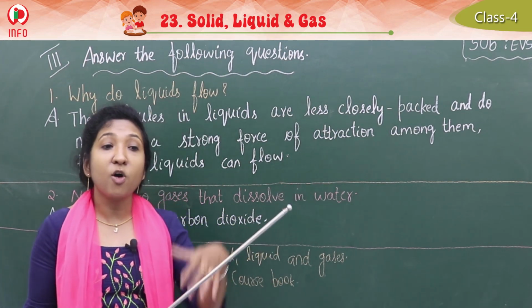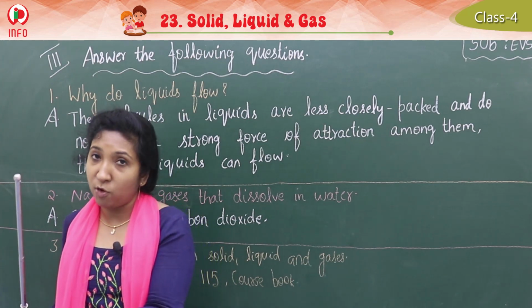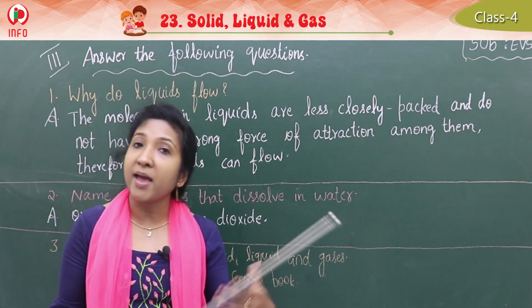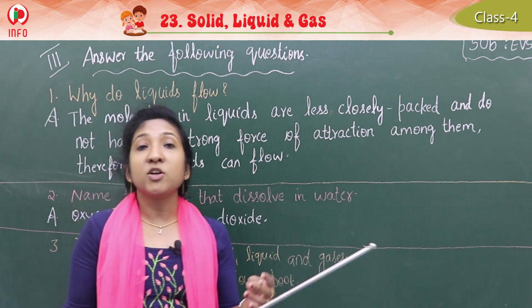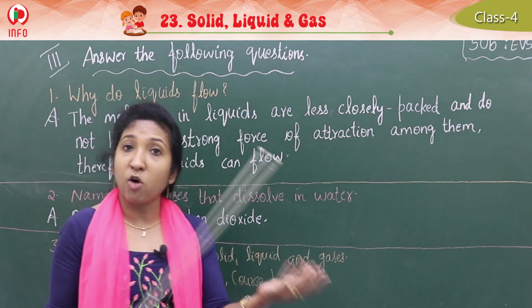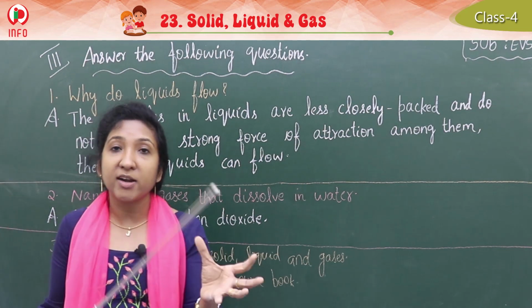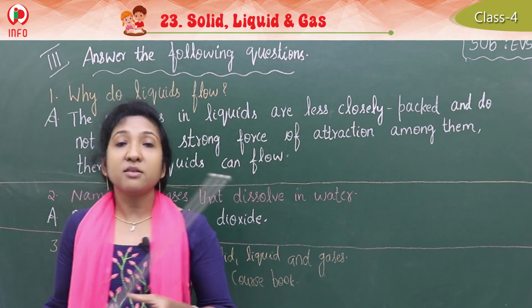So, they do not have a definite shape, but they have definite volume. Gas does not have definite shape and no definite volume. Another difference you can write is examples for solid, liquid and gas: ice, water, water vapor. Solid is ice, liquid is water, and gas is water vapor.